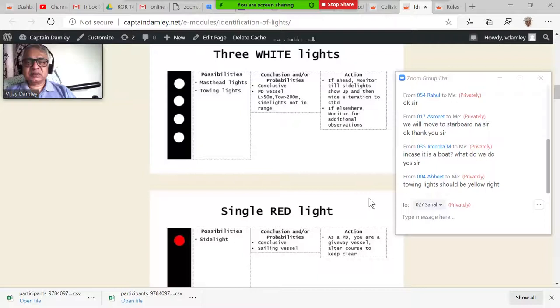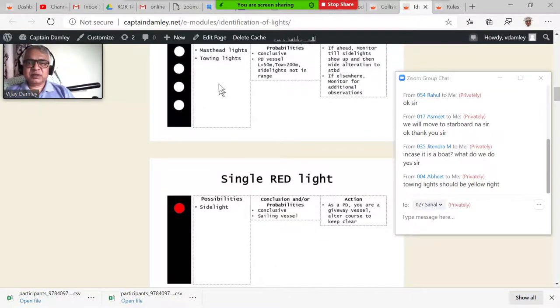Maybe I think I should change language here, no? Masthead lights or towing, I should leave only towing lights. Then this confusion will go off. Because right now, somebody may interpret it as masthead lights. I will change it tomorrow. Today maybe.